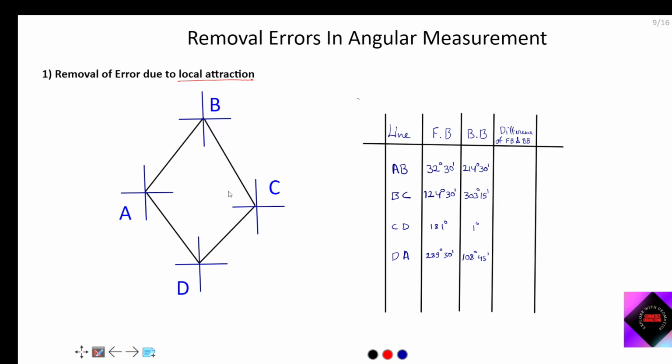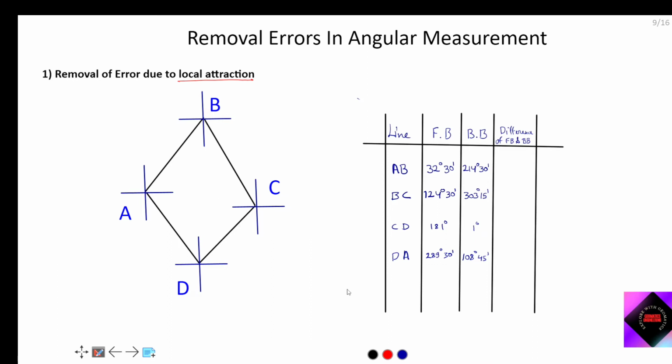You have been given a closed traverse A B, B C, C D, D A, and the values of fore bearing and back bearing are given here. We have to check whether the closed bearings given to us are right or wrong, and if they are wrong, then what the right values will be.